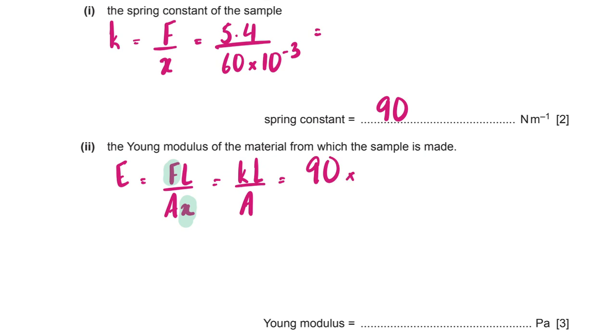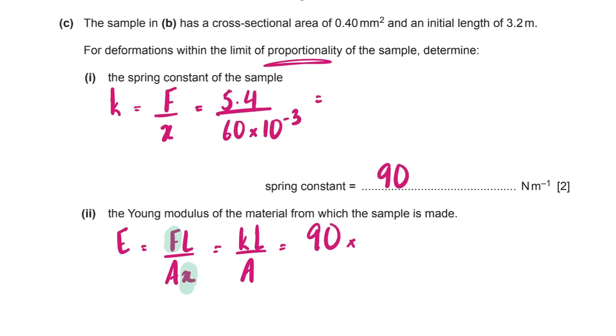The length of the material was given above. Initial length is 3.2, and A is 0.4 mm squared. So 0.4. Now just milli would be 10 to the negative 3, but this is squared, so it becomes 10 to the negative 3 squared, which becomes 10 to the negative 6. And then you just work this out.